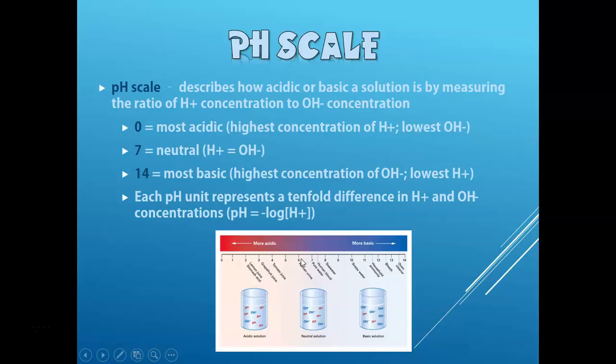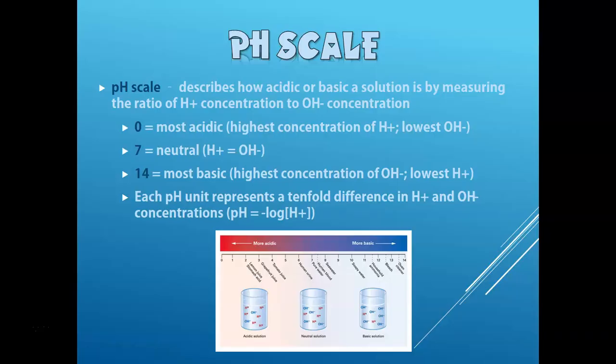If I start going below 7, all the way down to 0 on the pH scale, my H+ concentration is increasing. So H+ is getting higher and higher the closer I get to 0, which also means that my OH- concentration is decreasing. Go the other direction, get above 7, H+ is going down, but your OH- is going up.